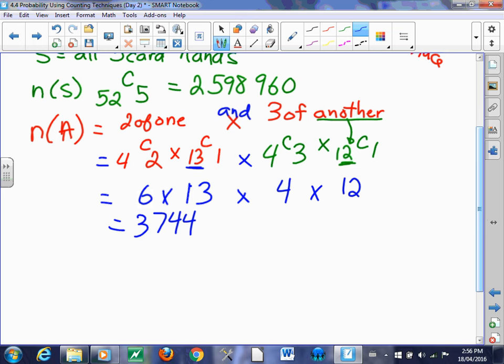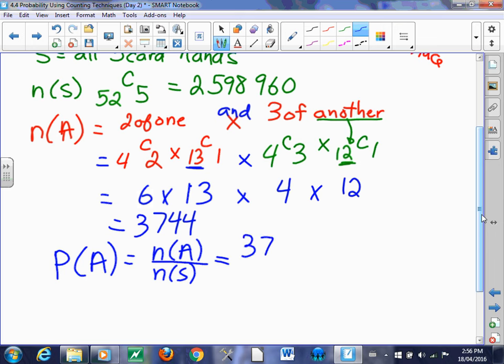Okay, now we've got to finish off the probability. So probability of A equals the number of A over the number in our sample. So the number of outcomes, how many ways we can get a full house, is 3,744, divided by how many possible ways we can get 5 cards from a deck of cards, 2,598,960.